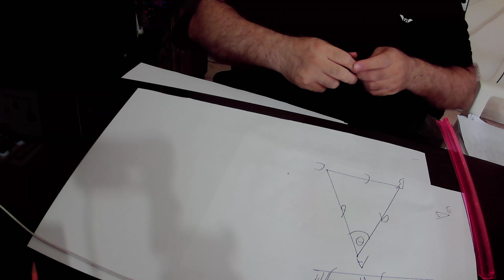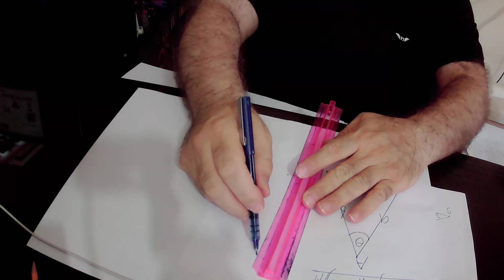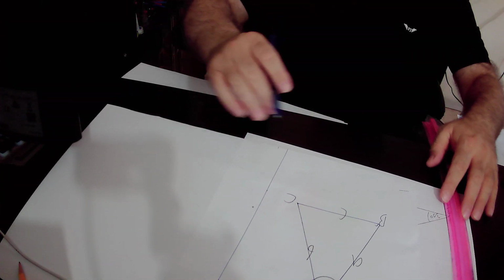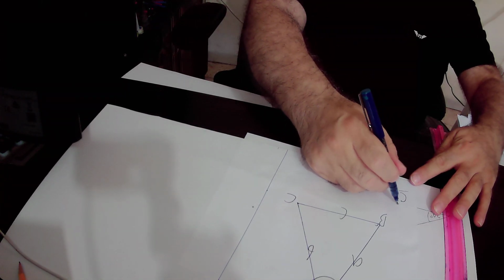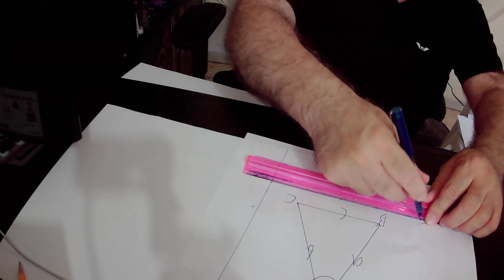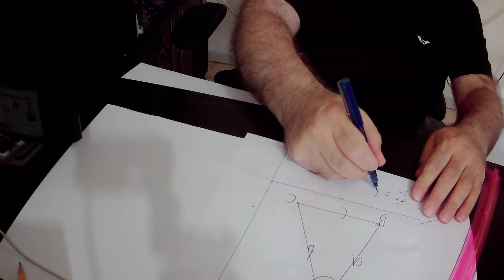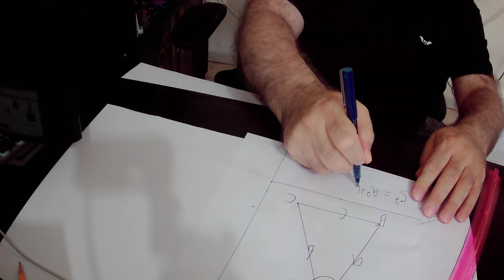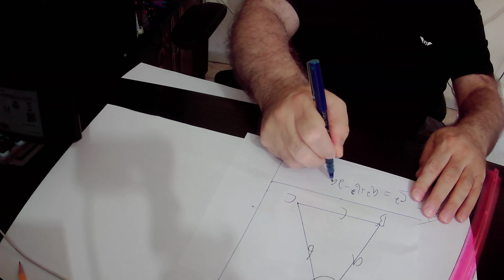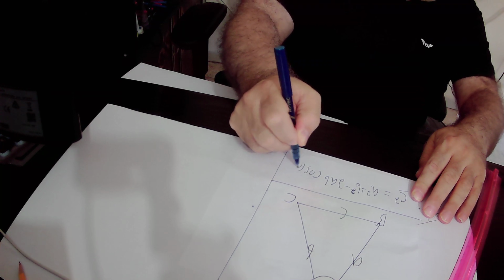Then in this triangle ABC, the following equation is true, that C squared is equal to A squared plus B squared minus 2 times A times B times cosine theta.